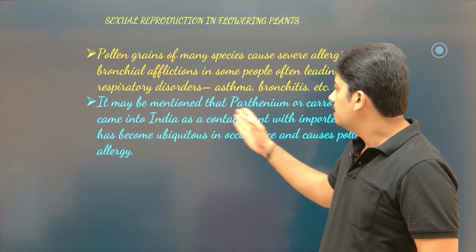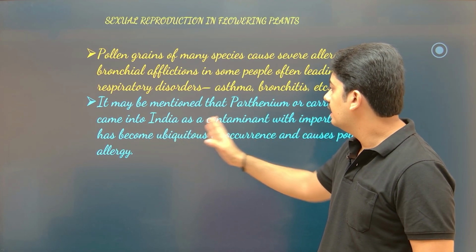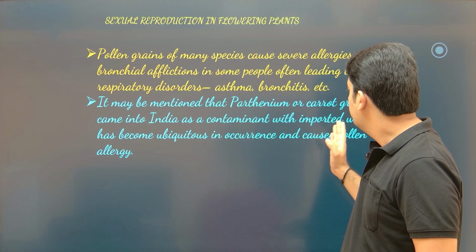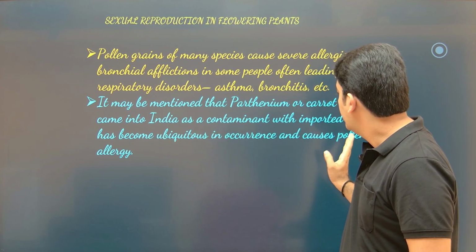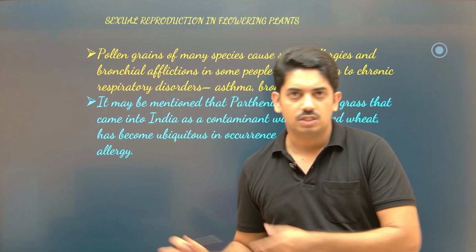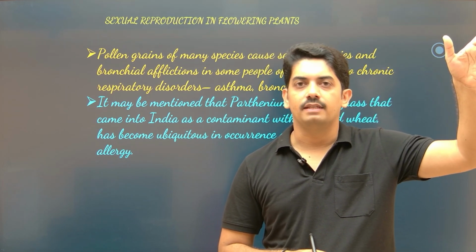It may be mentioned that Parthenium or carrot grass, which came to India as a contaminant with imported wheat, has become ubiquitous in occurrence and causes pollen allergy. Just now I took this example at the time of the Great Famine.